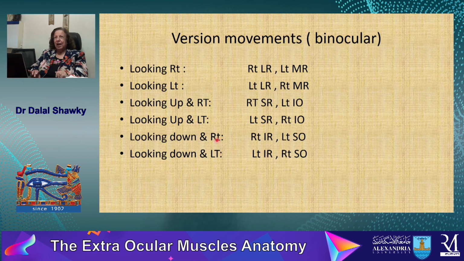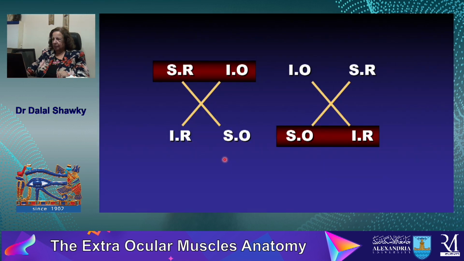Looking down and to the right, this action is done by the right inferior rectus and left superior oblique, while down and to the left, left inferior rectus and right superior oblique. Here is to show that up and to the right, right superior rectus and left inferior oblique. And for example, down and to the left, left inferior rectus and right superior oblique.